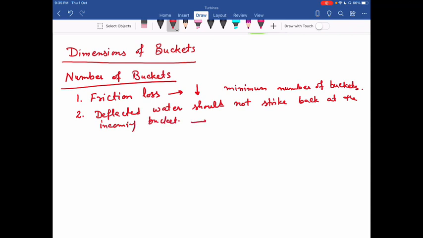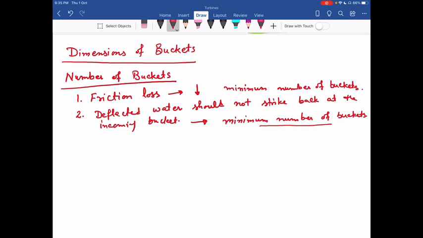So again our requirement is the minimum number of buckets. If we have a large number of buckets on the runner, then when the jet strikes a bucket, the deflected water from that bucket must strike the next incoming bucket. So to avoid that, we should have the minimum number of buckets on the runner.